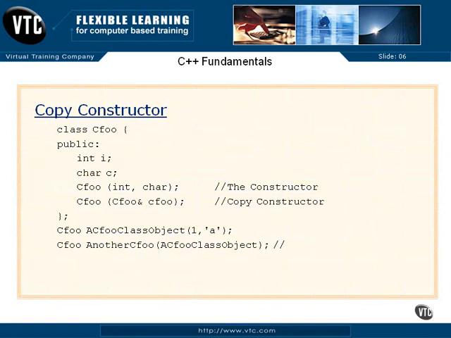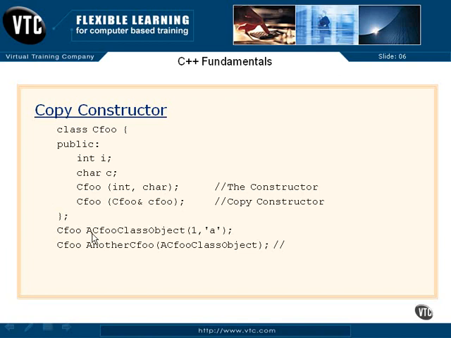Here's what a copy constructor declaration looks like. Here we have our normal constructor that we created. Here's a copy constructor. Notice that if the class cfoo is constructed and is given a reference to another instance of itself, that's what this reference is, and this is just the name of it over here, then our copy constructor function is going to get called.